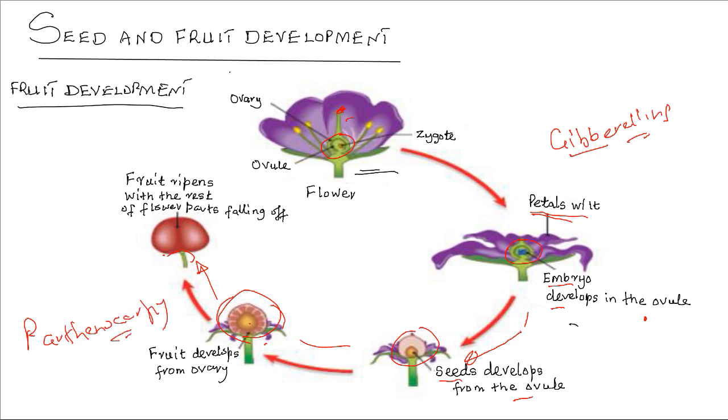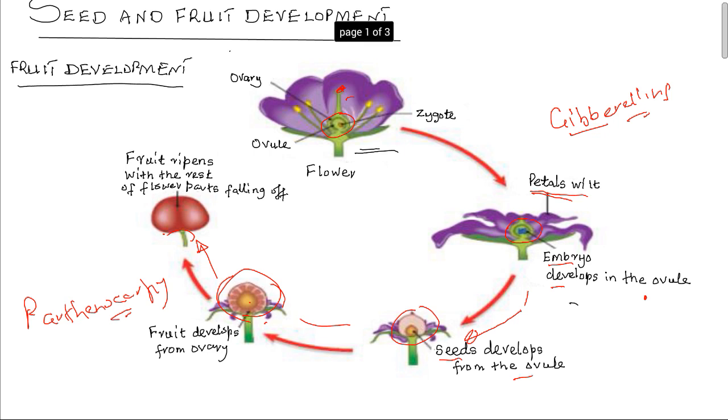So parthenocarpy refers to the condition in which seedless fruits develop, and this comes about as a result of the ovary developing into a fruit before pollination and fertilization has taken place.